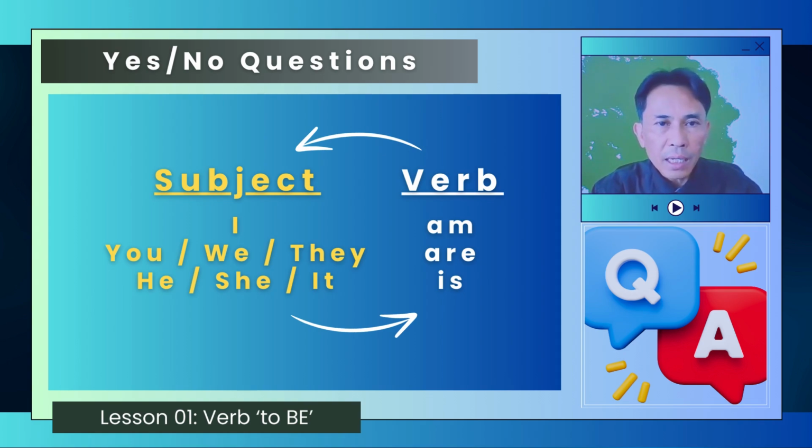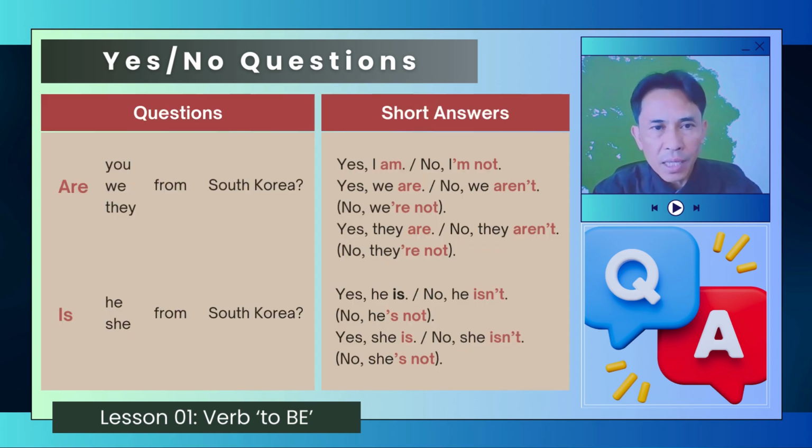He, she, it is becomes is he, is she, is it. Okay, so now let's take a look at some examples here. Now, when someone asks you, are you from South Korea? You can easily say, yes, I am. And if you're not from South Korea, you can say, no, I'm not.